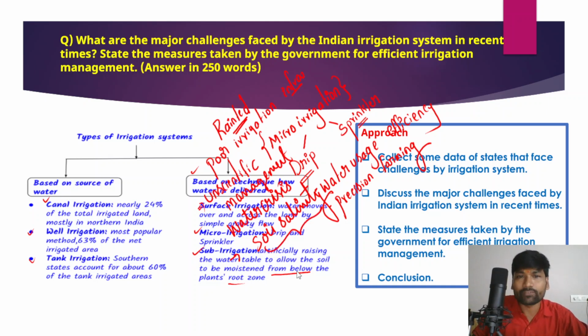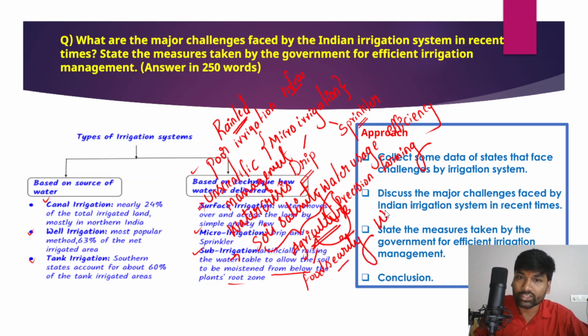So ultimately the focus should be on the efficient usage of the existing water resources in a much more effective and efficient manner, because sustaining the water resources will help in ensuring food security for India's population. So food security is very important, right?